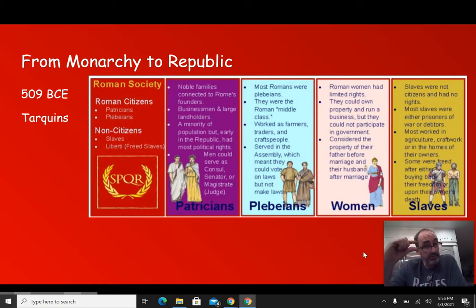Being a citizen of Rome was huge. It gave you different rights than other people that lived in the empire. Kind of a side note. Okay, when our republic was founded, women were not included. Neither were slaves. Okay, minorities were not included.